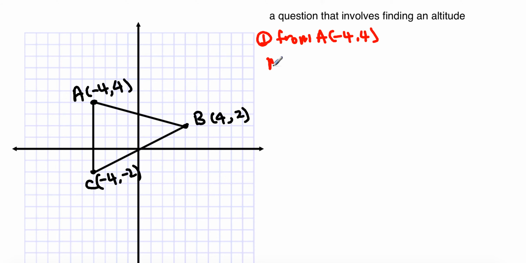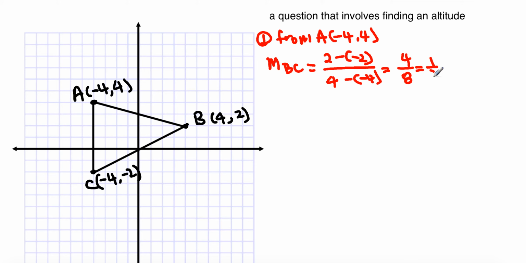Slope that I'm looking for is BC, the opposite side here. What is the slope then? 2 minus negative 2 over 4 minus negative 4. Now, we realize that it becomes 4 over 8.